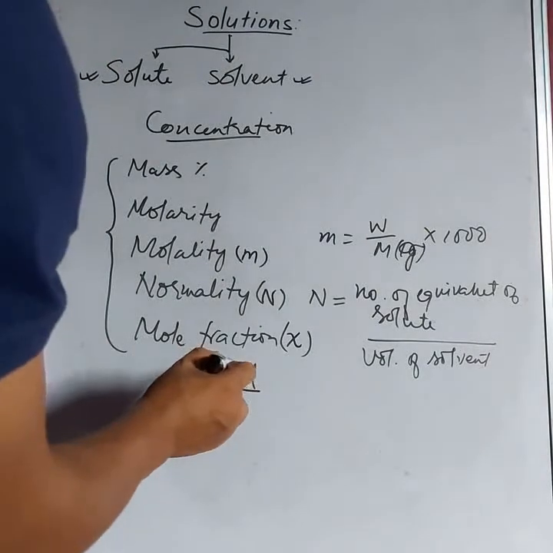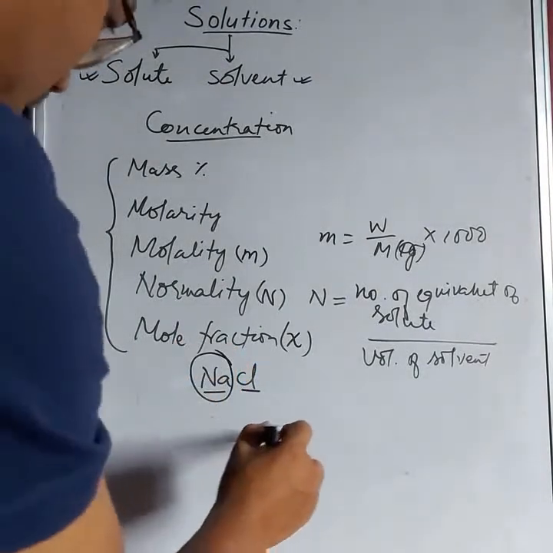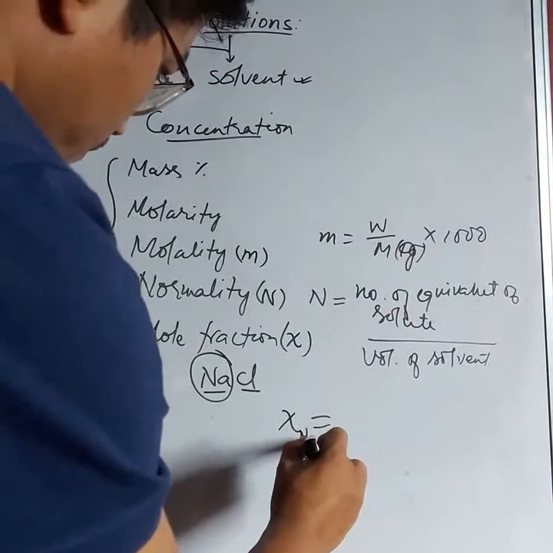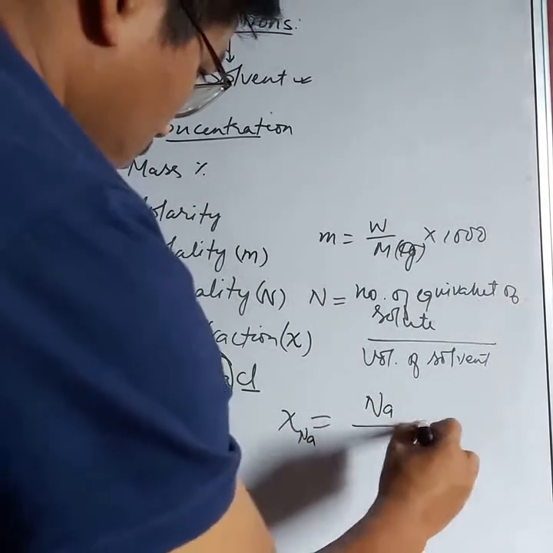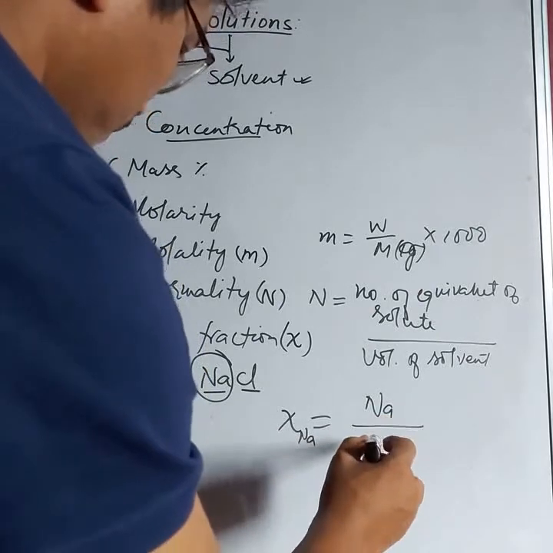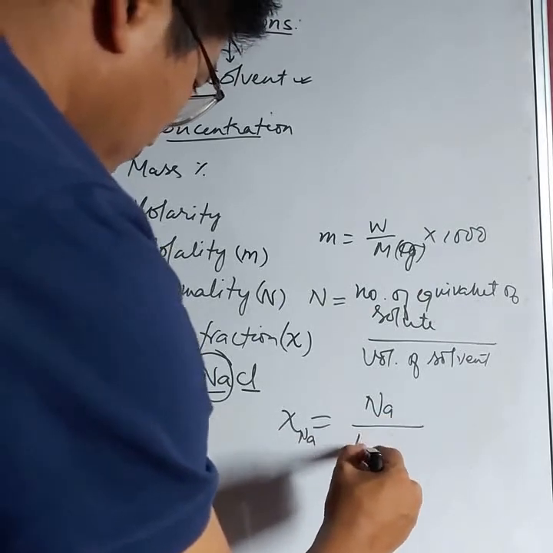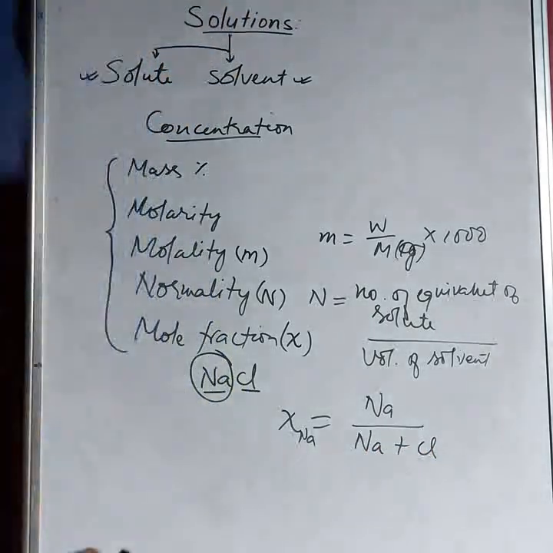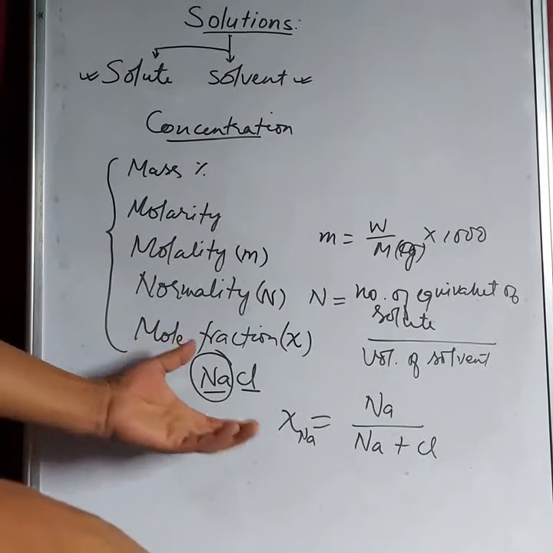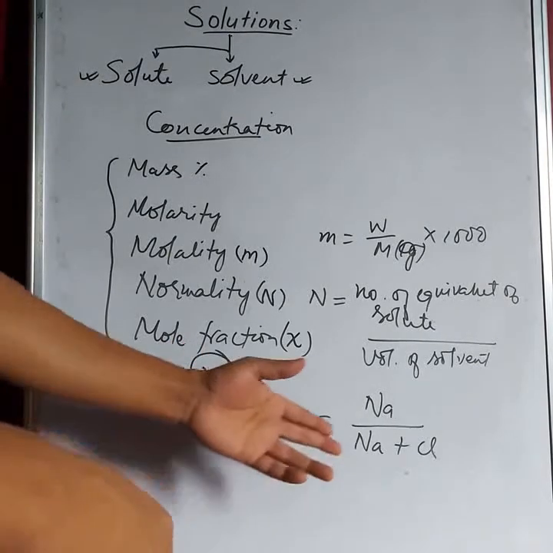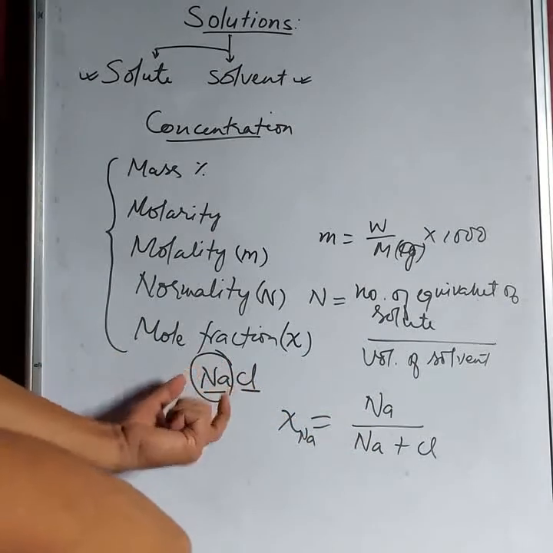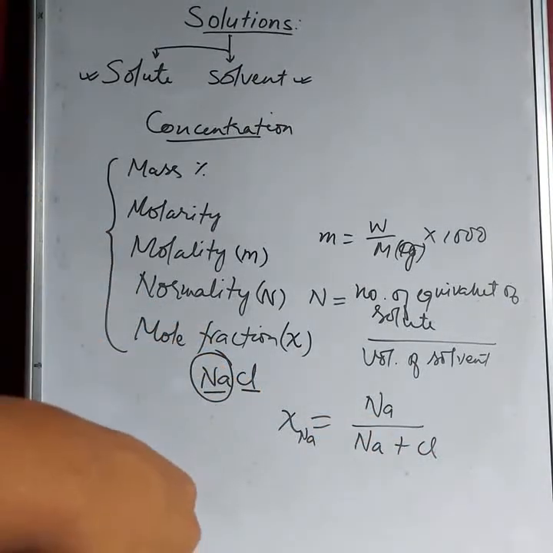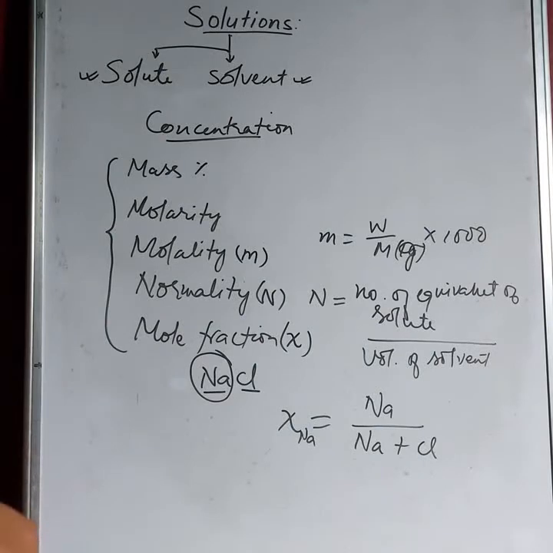To find the mole fraction of sodium, it's equal to the molar mass of sodium divided by the molar mass of sodium plus chlorine. That's how we calculate the mole fraction. If there are more components, then we'll simply divide one component by the sum of the rest of the components in that particular compound. That's how we calculate the mole fraction.